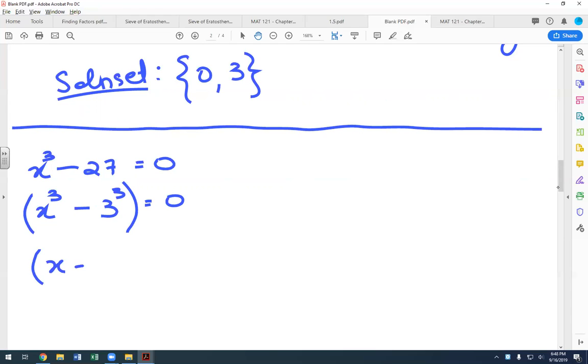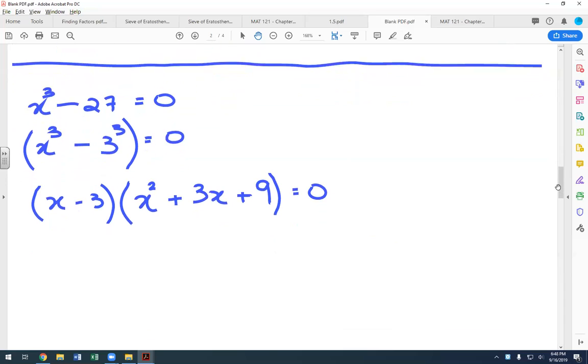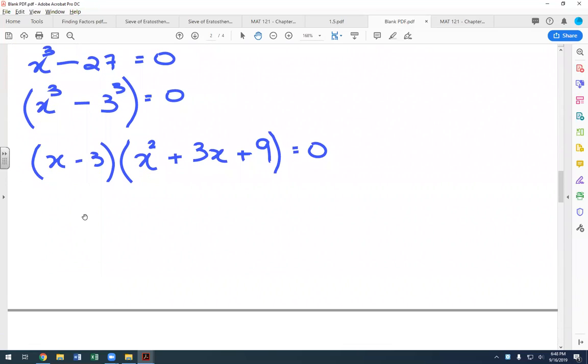So it'll be x minus 3, right? Just kind of following our rule over here. This will be x squared plus 3 times x plus 3 times 3, which would be 9. And then we would need to factor this guy out, which would not be a very happy factor. But what can we do?